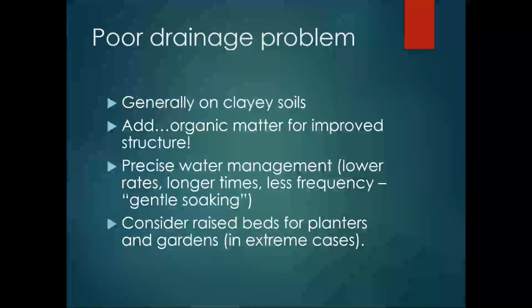And I might be so high in clay, I want to just abandon the use of it in the first place and go with a raised bed or something else where I bring in a material that has better properties. But most of the time, I can improve any really high clay content soil, unless it's too high, with the addition of organic matter and doing what I can to promote and protect structure, the formation of structure in that system.